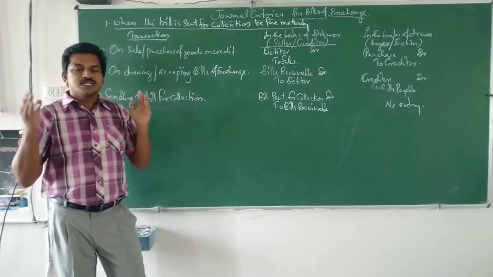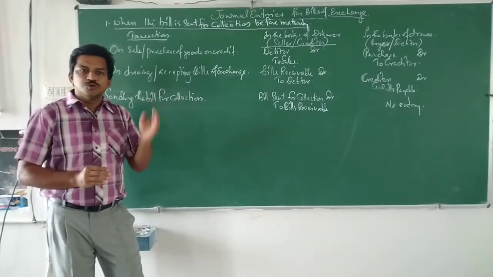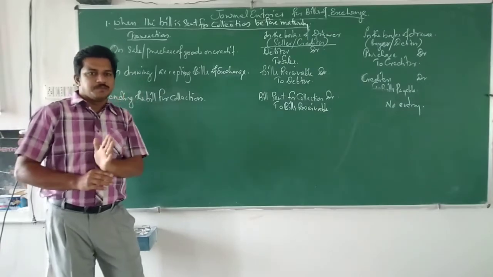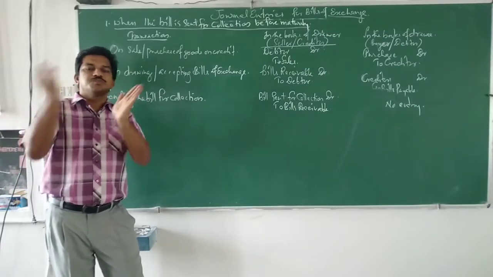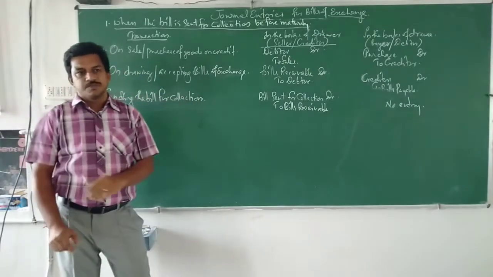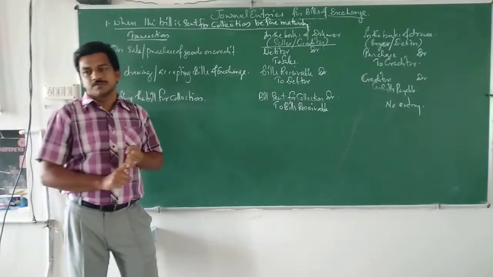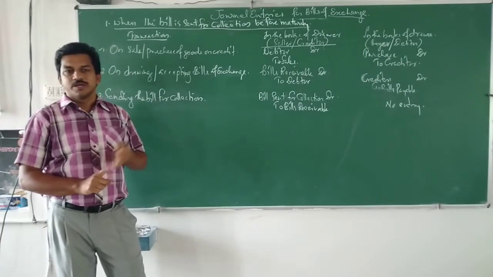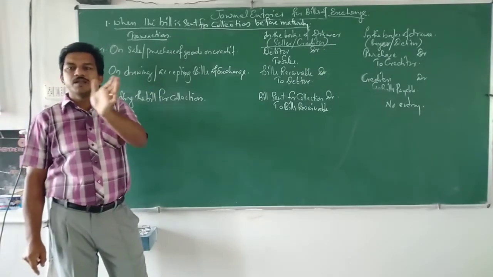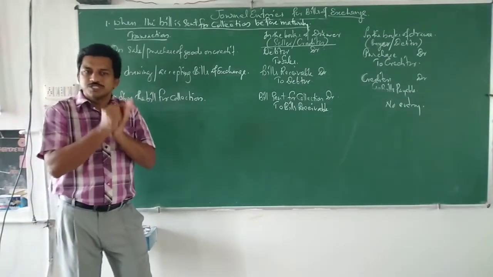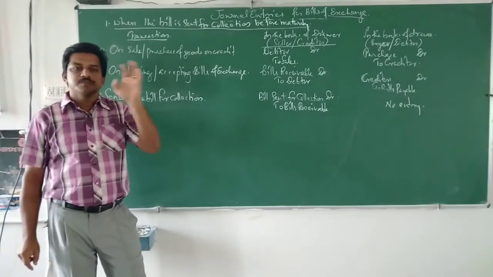So whoever gives him the bill on maturity, he has to pay the money to that person. It can be the drawer or any person appointed by the drawer. Whoever brings that bill before him on maturity, he will make the payment.